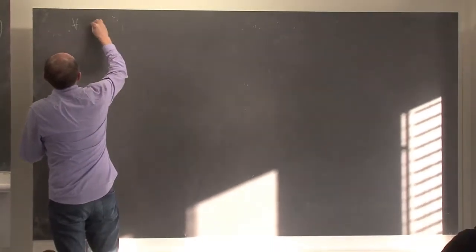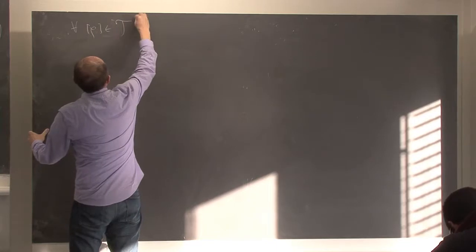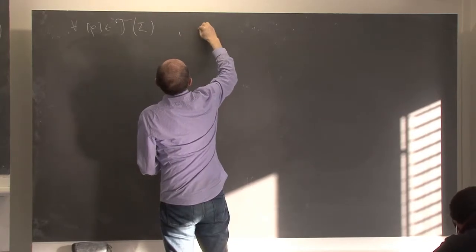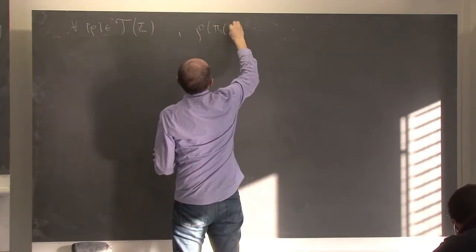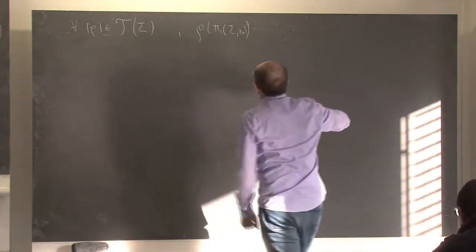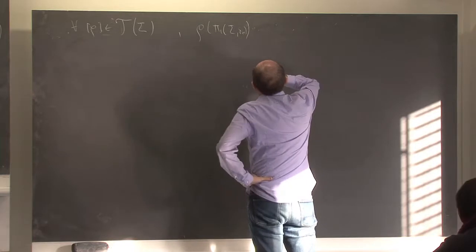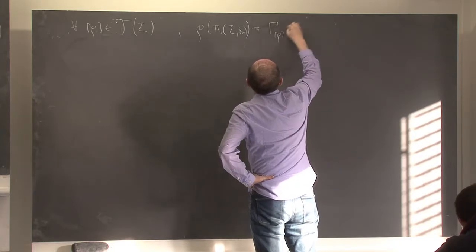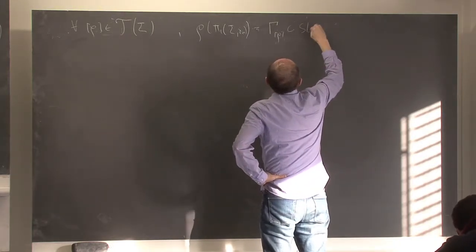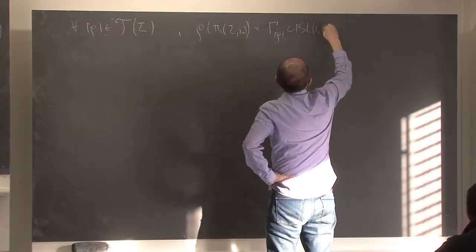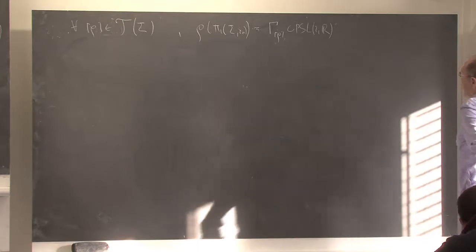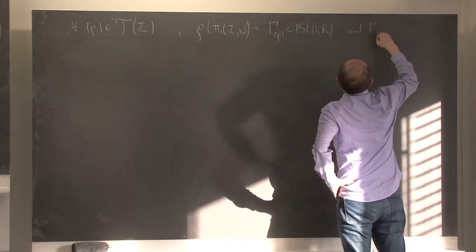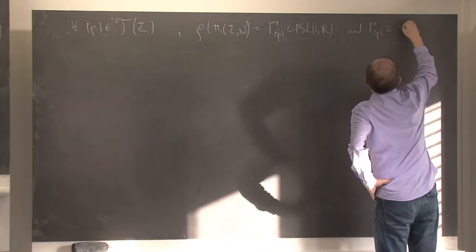If we pick up a point in Teichmüller space, then the image of pi 1, gamma rho, is a discrete subgroup of PSL2R, which is isomorphic to pi 1 of sigma.